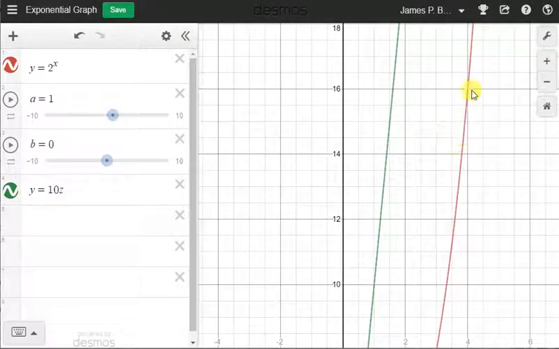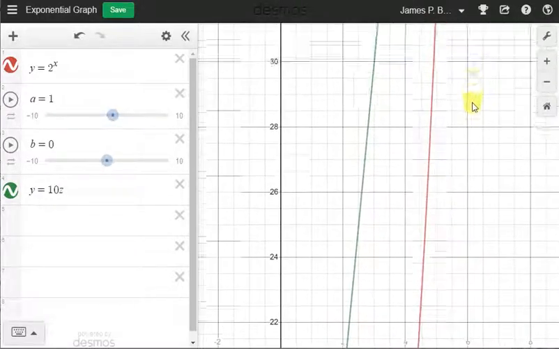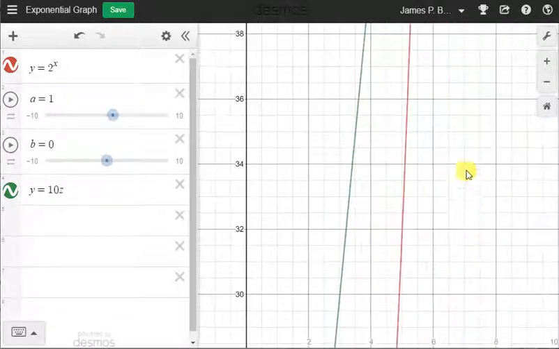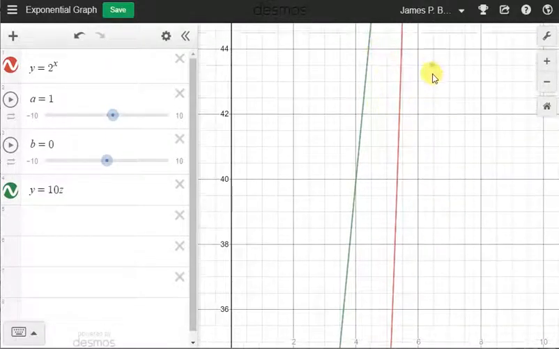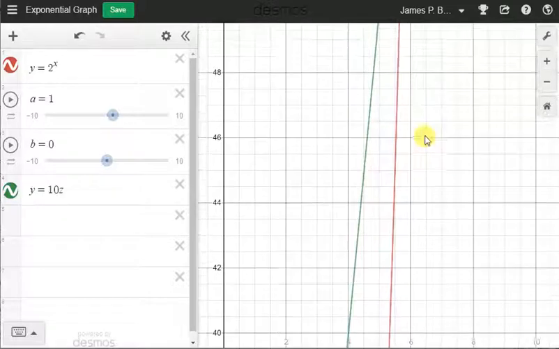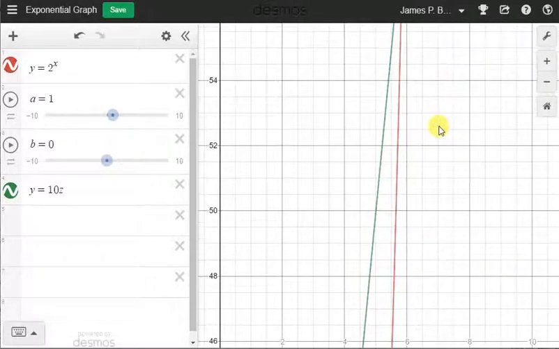So we've actually got a similar steepness. These lines are parallel. And if I keep going, then you start to see that the steepness of the linear function is not changing at all. It's staying the same steepness. Meanwhile, somehow the exponential function is becoming more and more vertical. It's becoming unbelievably steep.